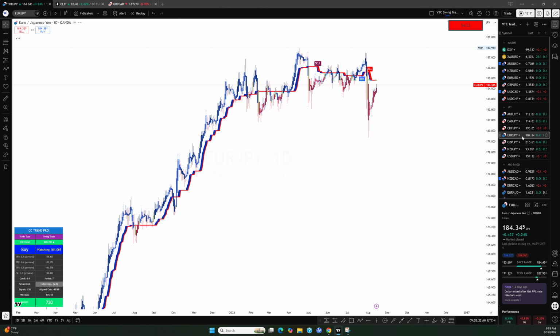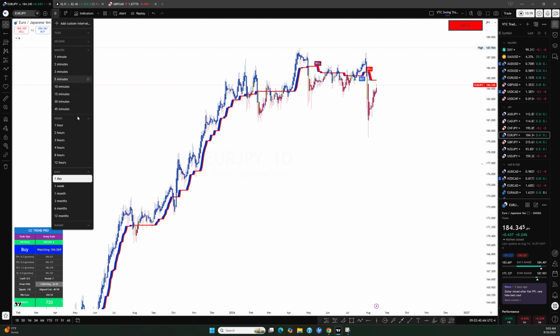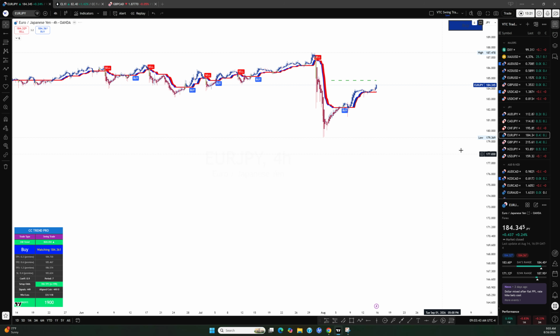Euro JPY, same exact scenario. Dominant time frame is telling us to sell. We can either trade in the direction of the 4-hour time frame until price runs out of exhaustion and we get ready to sell off here on the 4-hour time frame for Euro JPY. We had a strong push down. Price is always going to pull back when we break a previous low like we had here.